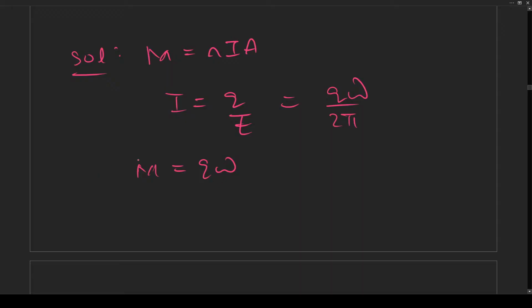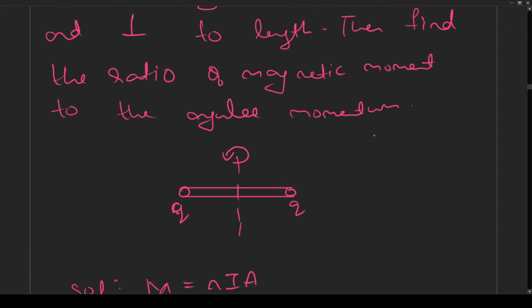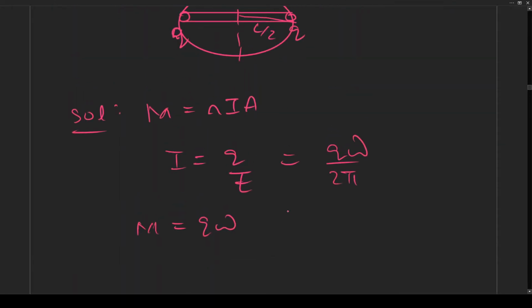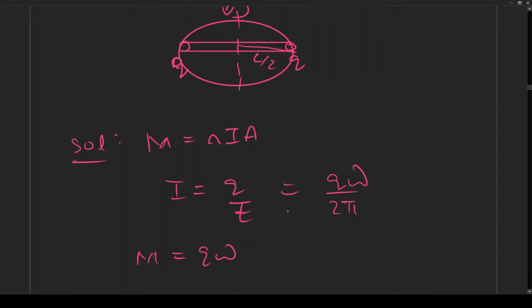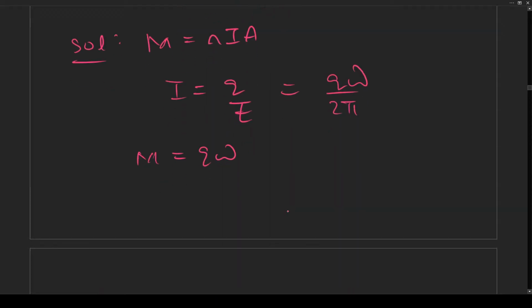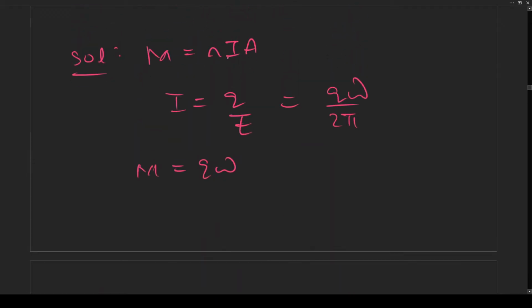and when we assume the rod is spinning, it is forming a circle. So the radius of this circle will be equal to half of the length, L by 2. And since two charges are spinning, let's consider it as two different coils.